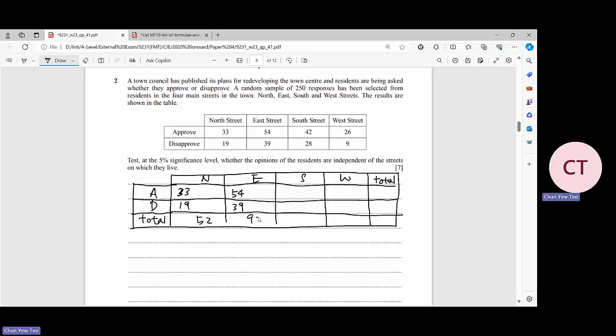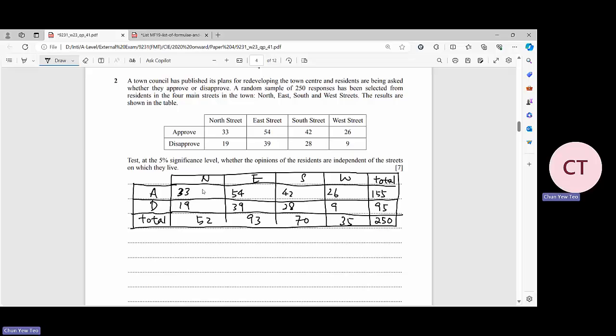Total is 93. 42, 38. Total is 70. Then 26 and 9. So the total is 35. Sum the first row, you get 155. Sum the second row, you get 95. So the grand total will be 250.